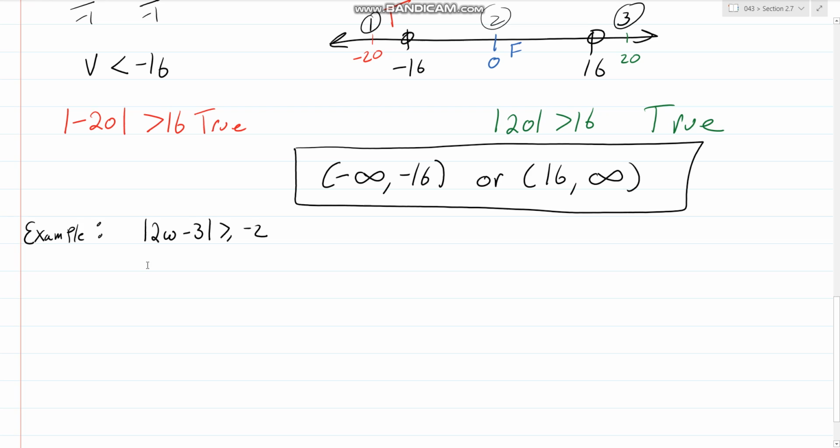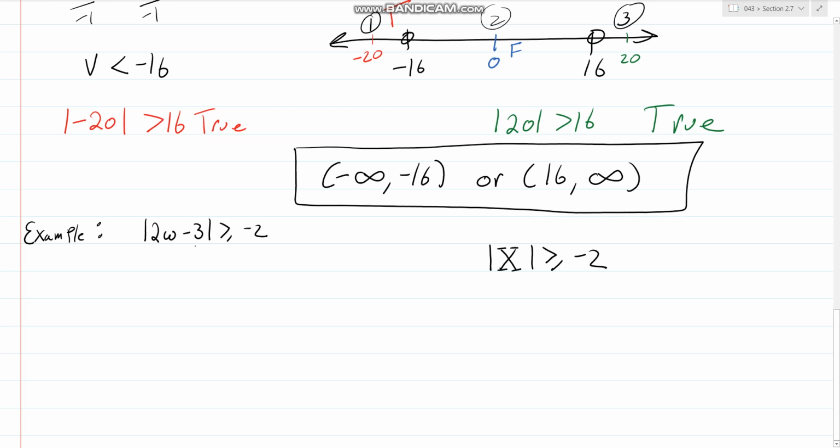All right, let's look at this one. The absolute value of 2w minus 3 is greater than or equal to -2. So you might notice that something is already strange about this problem, and that is we have the absolute value of an expression, and it's saying that it's greater than or equal to -2. Well, absolute value always makes things positive, right?